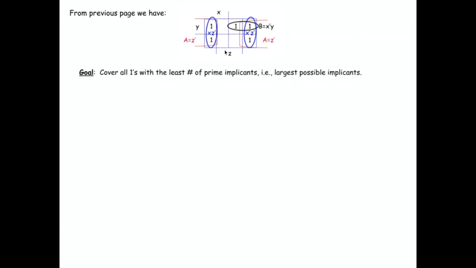So A, you still have to use A. Could you use something other than B to cover all the ones and still get a total number of implicants that's 2? You will not meet the second requirement, but you would have an equivalent function that would cover all of the ones. You would have 2 implicants, one of them would not be prime.